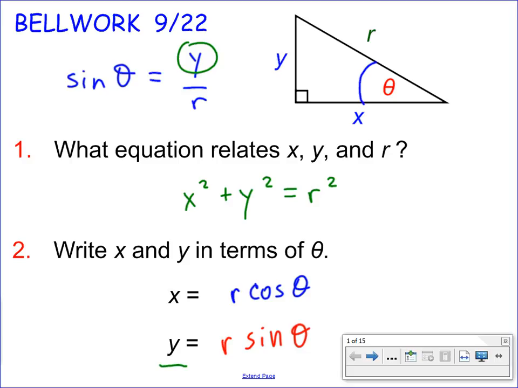The same is true for my cosine ratio for x. I would have adjacent to my reference angle theta, adjacent over hypotenuse, and so cosine of theta would be given by the ratio x over r. And again, solving for x would be multiply r on both sides, and that's how I get x.